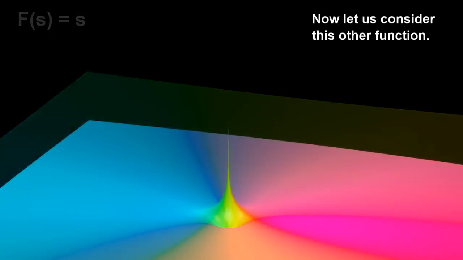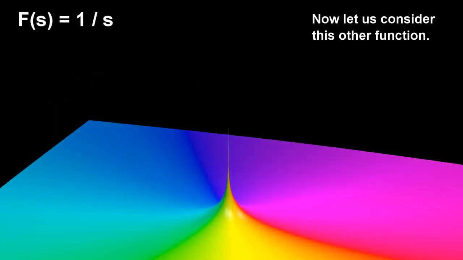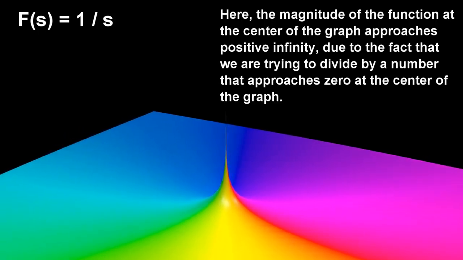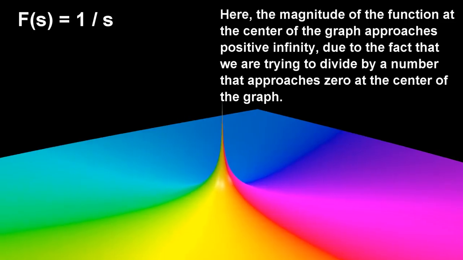Now let us consider this other function. Here, the magnitude of the function at the center of the graph approaches +infinity, due to the fact that we are trying to divide by a number that approaches 0 at the center of the graph.